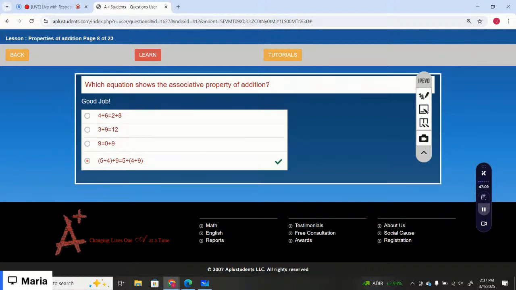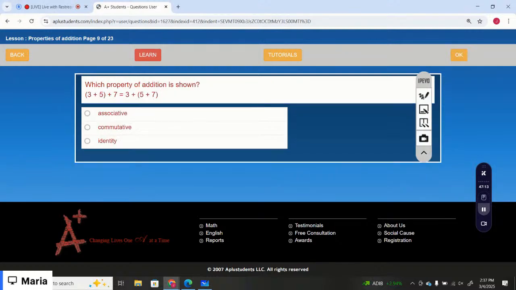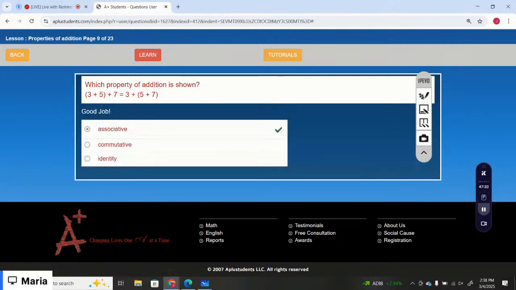Very good. Which property of addition is shown? Which is the correct option? That is the associative property.